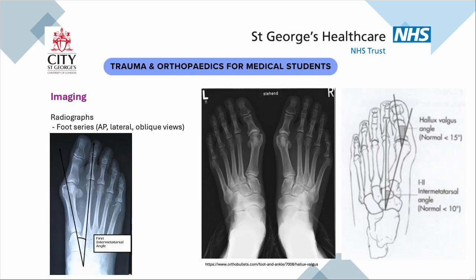Essentially, all that needs to be done with imaging of these is to take x-rays, both the standard views and weight-bearing views, at which point a number of measurements can be made, but you do not need to worry about the details of this.